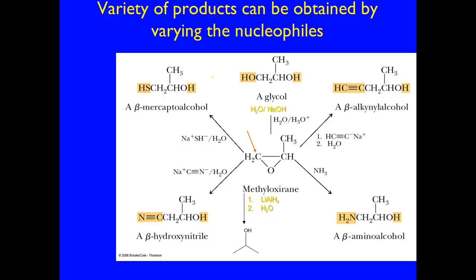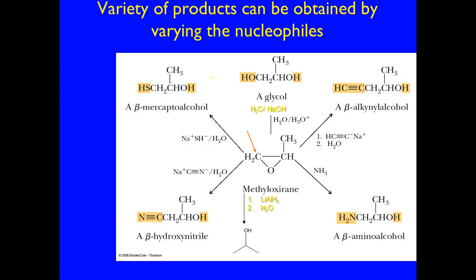If you use acetylide as a nucleophile, this is a carbanion, and it is a base. It attacks from the less hindered side, and as a result you make alcohols. If you have an amine, amines are basic, so again you open from the less hindered side and make amino alcohols.